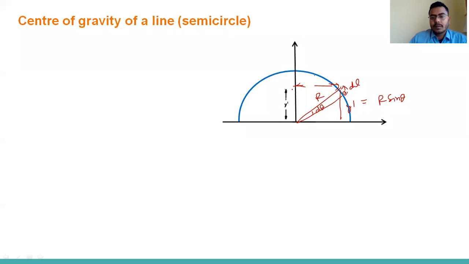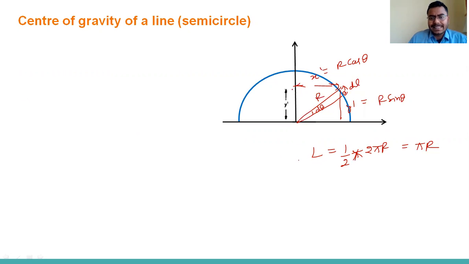Here x dash will be r cos theta, right? In this case, the total length that we are getting here is half of the length of the circle. So half of, what is the length of circle? 2 pi r. So we are getting pi r as the total length, right? We can apply this formula.